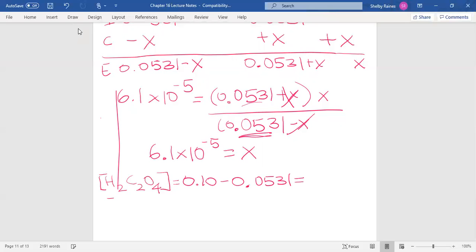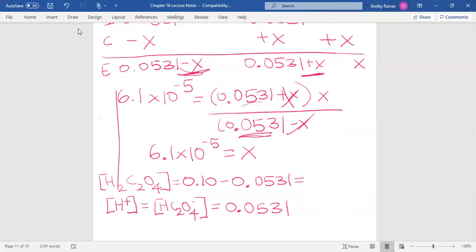Then we had hydrogen ion concentration and this concentration were equal at 0.0531 from your first ice table. Then we took it to the second ice table, and because we used the approximation, we said that adding X and subtracting X is not going to change this number.